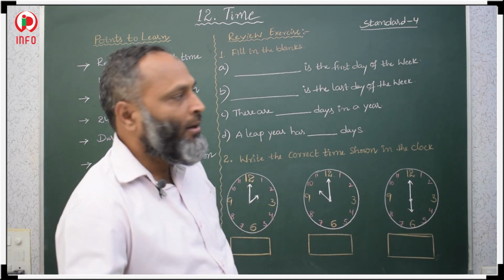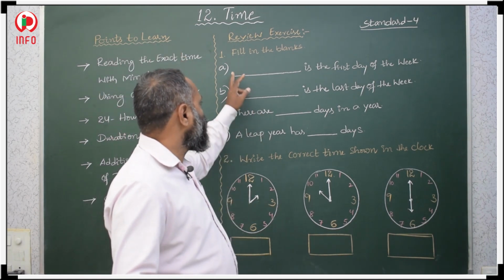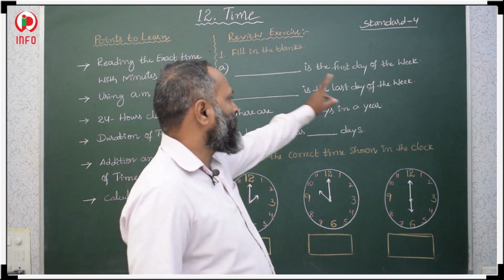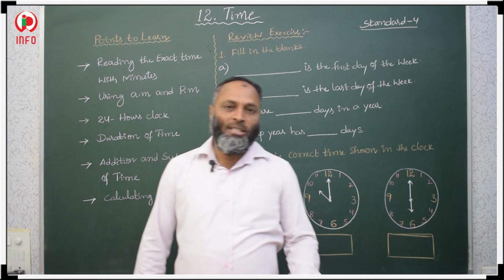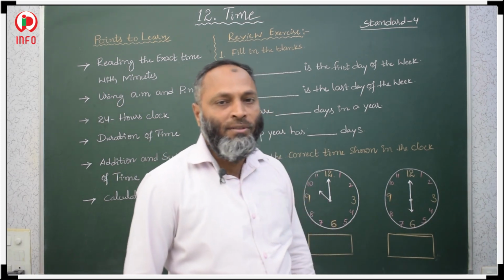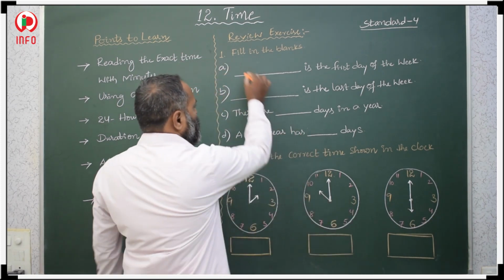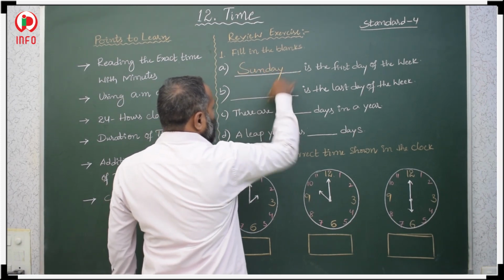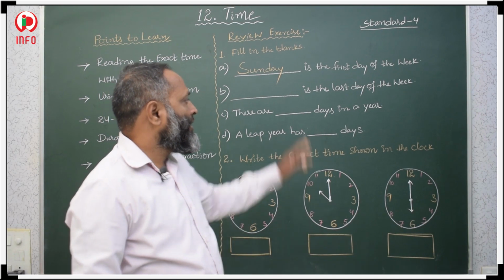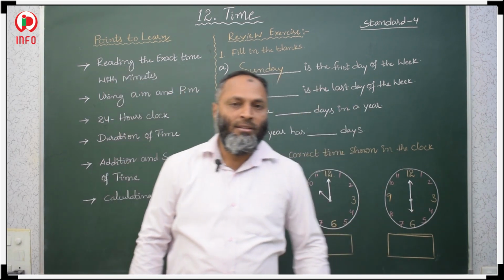Here, the first one, in the fill in the blanks: dash is the first day of the week. We know what is the first day of the week. It is very easy to say, Sunday is the first day of the week. Then the last day of the week is asked.